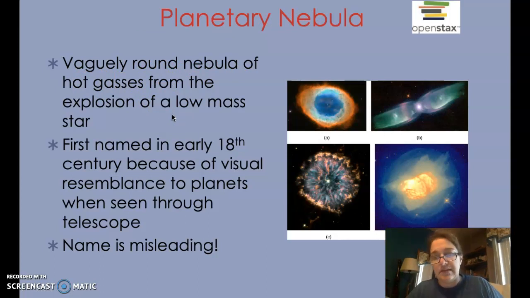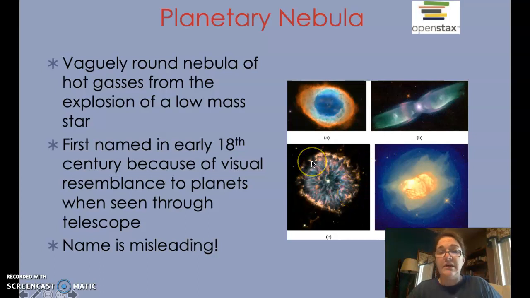So this name was first used in the early 18th century when we were looking through telescopes, and from the distances that we were looking, this was simply just a bigger round dot than the regular stars.